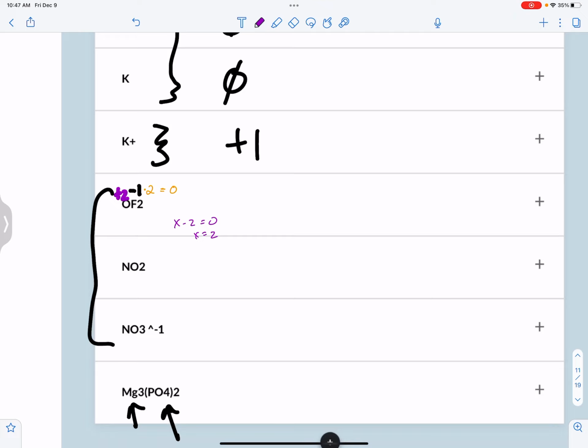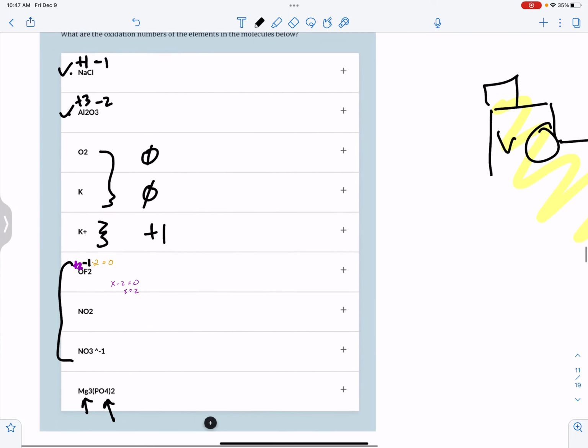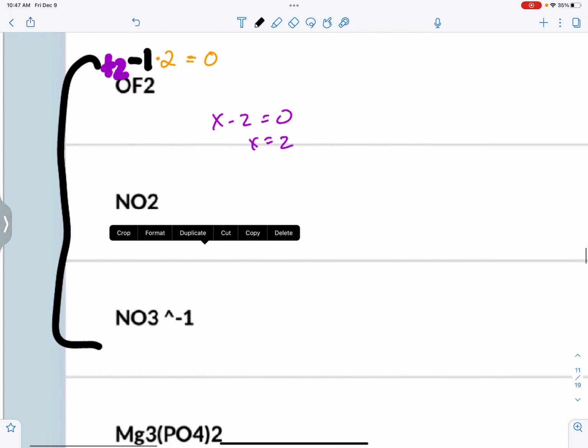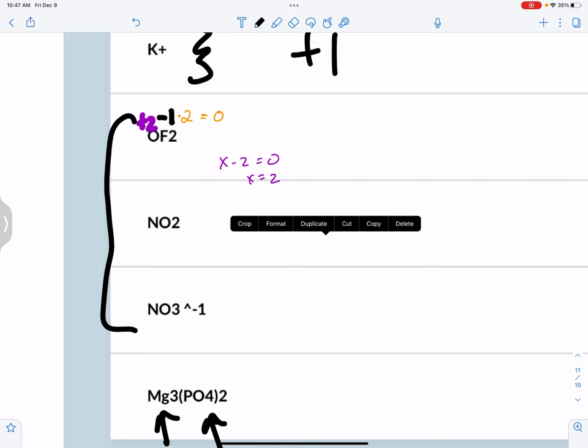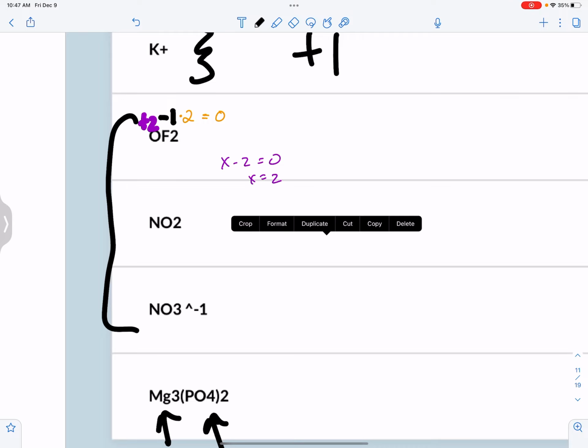Then if we go on to the NO section, between N and O, N is to the left of O, the way I wrote that, so O is more electronegative, so that one's going to get the charge you expect, which is the -2. Nope, it's not letting me write on there.